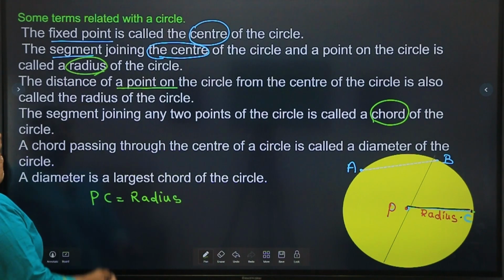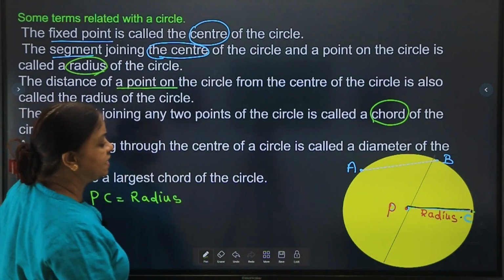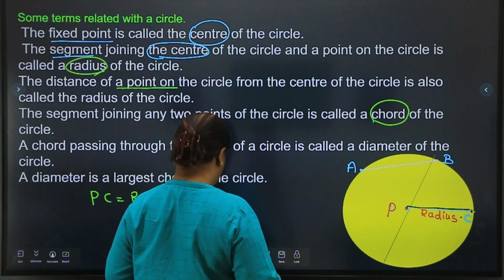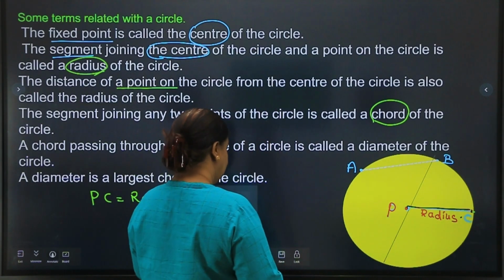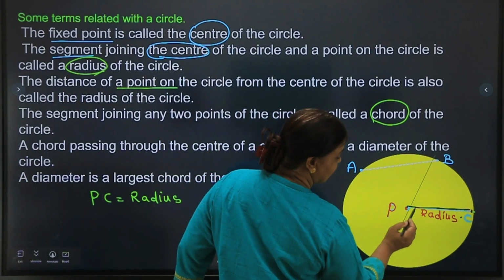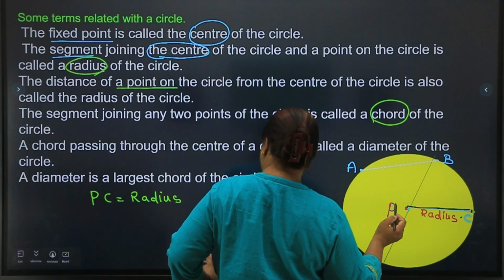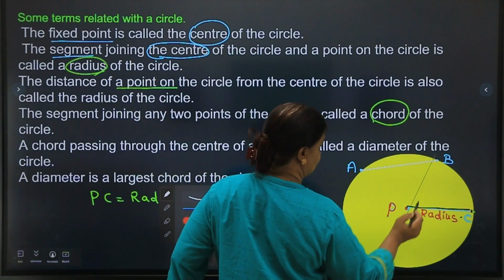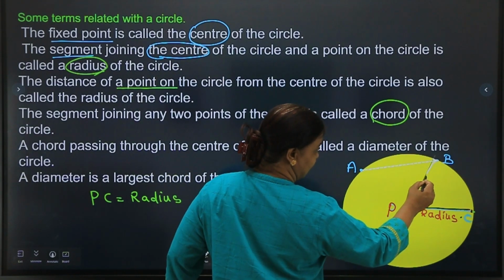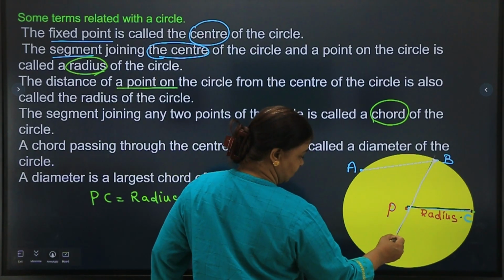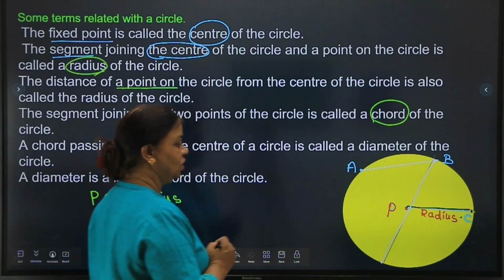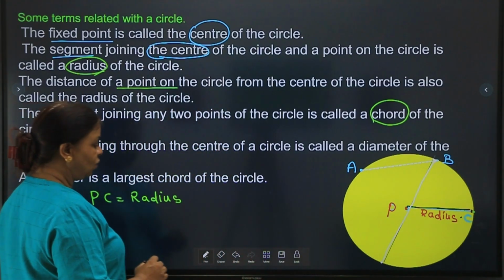Okay. A chord which passes through the center of the circle is called a diameter. Now, you can see there is one line which passes through P, the center, and if I draw a line which passes through the center, it is known as diameter. So, there are 2 points.